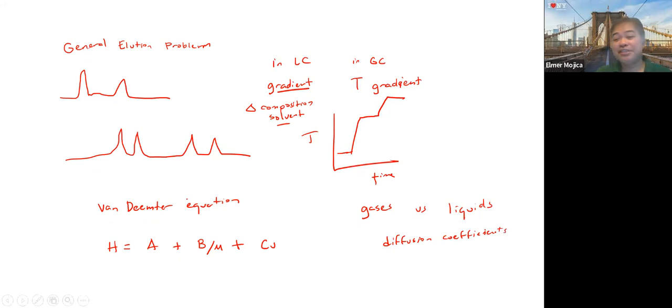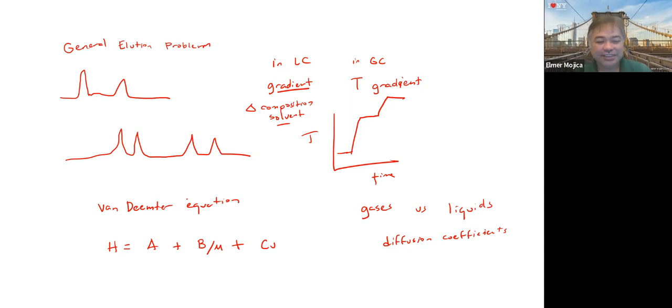Nagdi-diffuse ba ang liquid? If you remember your Gen Chem, you have one gas law there that refers to the diffusion of the gas. Right?